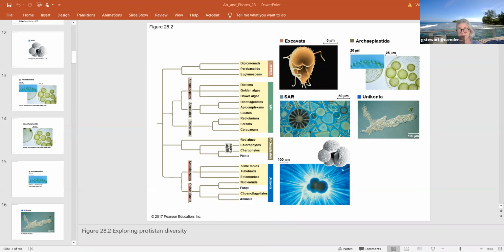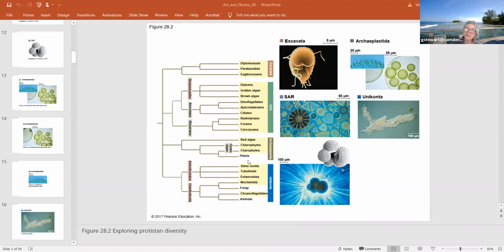The similarities and differences between land plants and particularly the charophytes and chlorophytes. And then again, during the fungus chapter, which is 31 maybe, they're going to talk a little bit more about the nucleariids, and then the beginning of the animal chapter, which I'm pretty sure is 32, they're going to revisit the choanoflagellates.